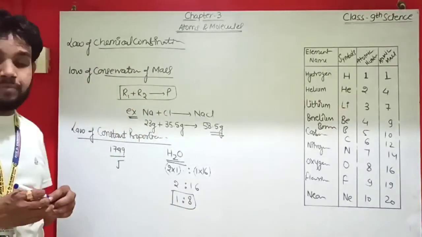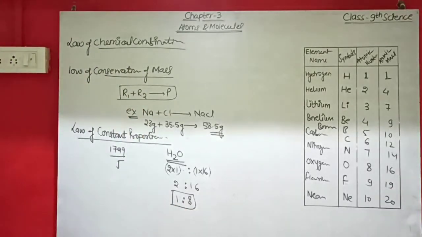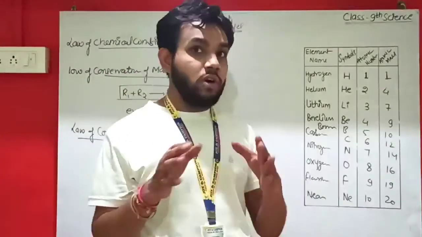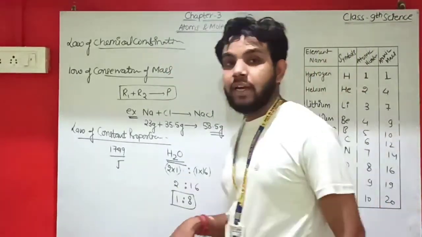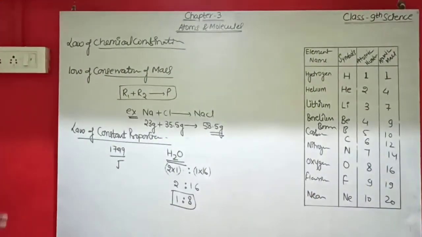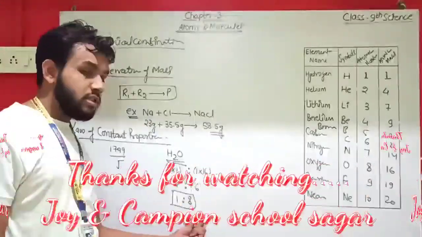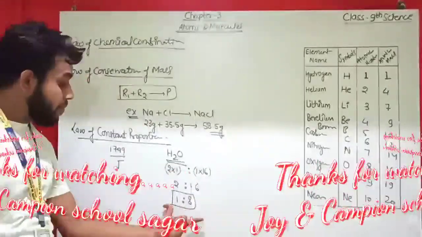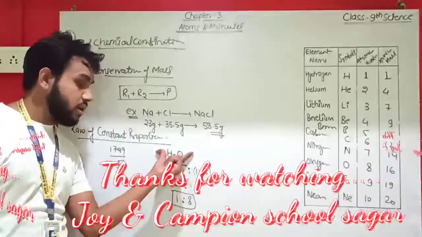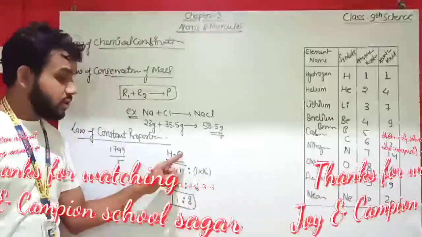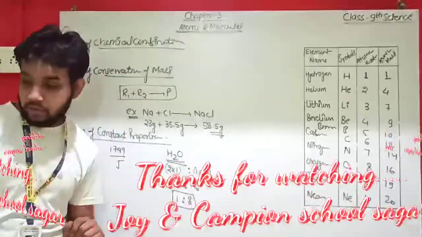What is the proportion of hydrogen and oxygen in water? This is 1 ratio 8. The mass of hydrogen is 1 and the mass of oxygen is 8, together making water. Okay, that means water.